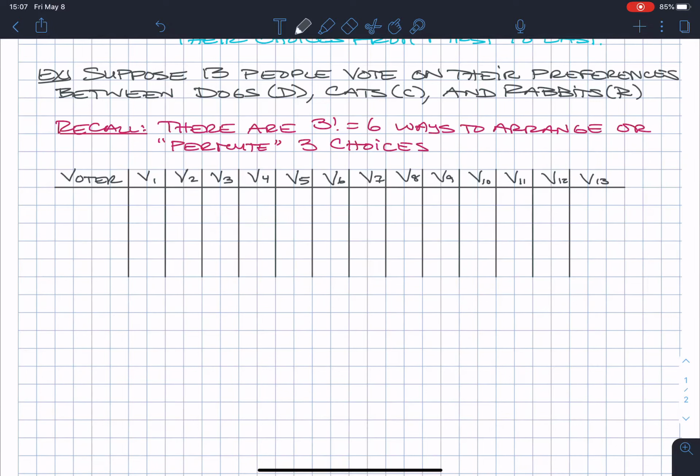Let me draw that a bit closer. So voter 13, and I'll draw the last bar here.